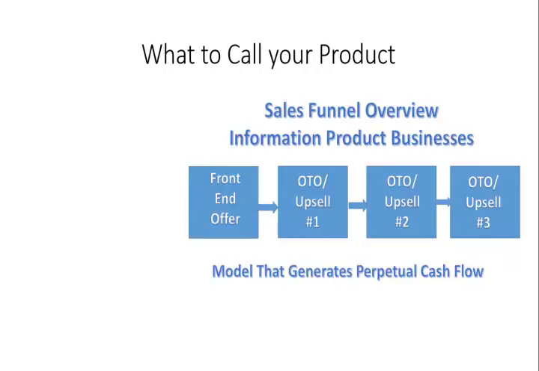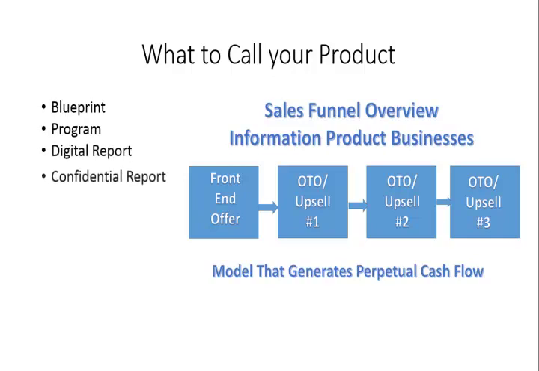So now, what are you going to call your product? One of the things to think about is that the way you name the product, or what you actually call it, matters to the customer. You can call your product a blueprint. Once again, don't call it an ebook. Call it a program. Consider calling it a digital report, a confidential report, or a special report.